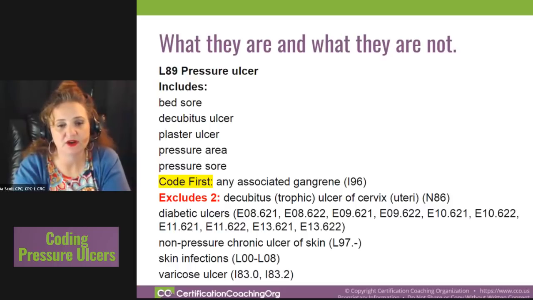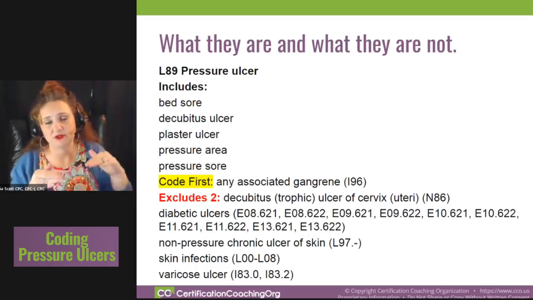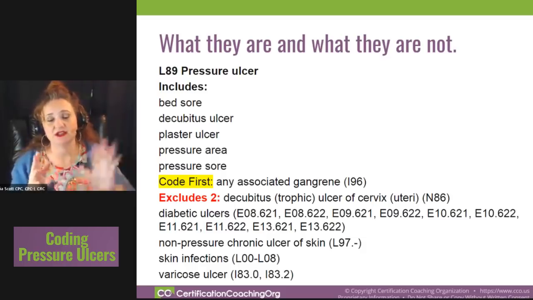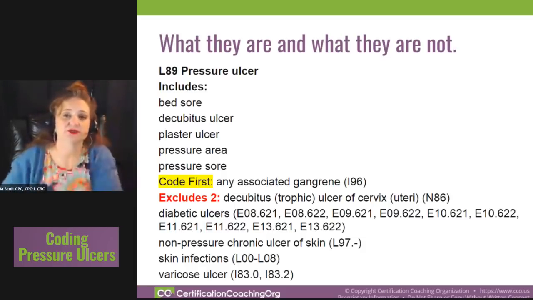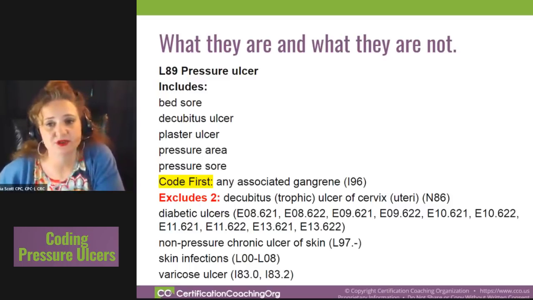And there's also a varicose ulcer, and this has to do with the cardiovascular system. So in other words, we have varicose veins where we're not getting good oxygenation. There's a problem with the varicose veins getting the blood back, and the skin ulcers. That's going to be an I code because it has to do with the cardiovascular system.